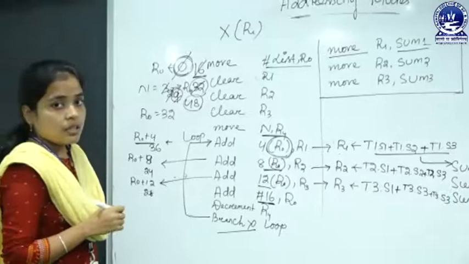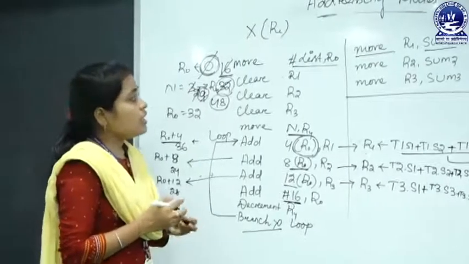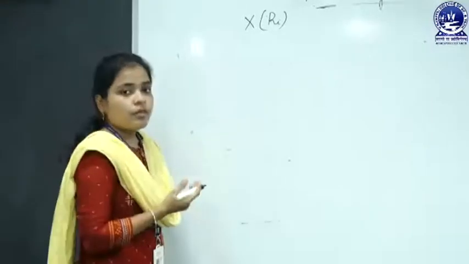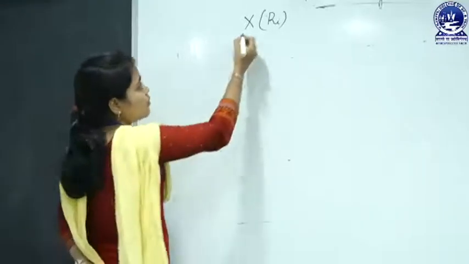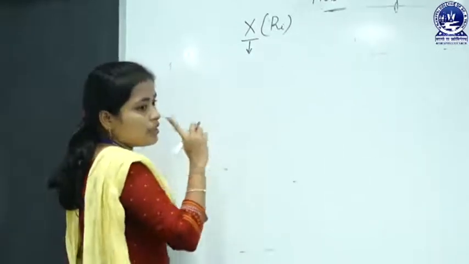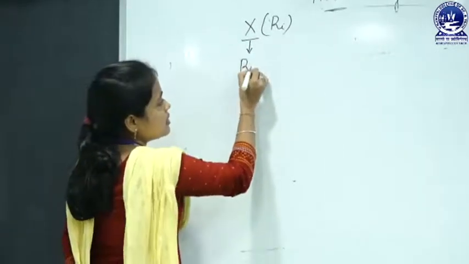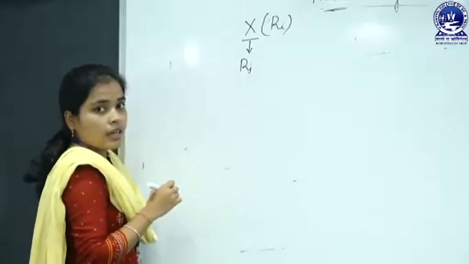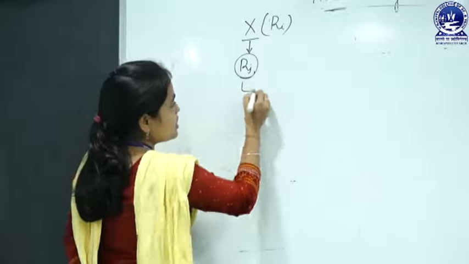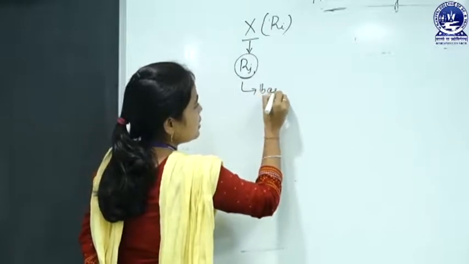Okay. So, let us see, in some other cases, to improve the performance, we have to store this offset value in another register, let that be Rj, and this Rj or this register is called as base register.